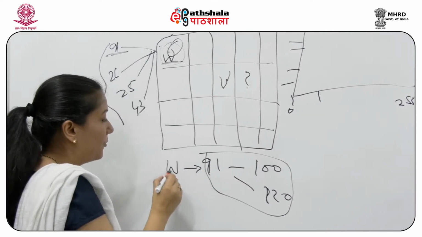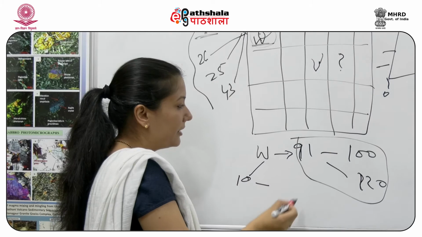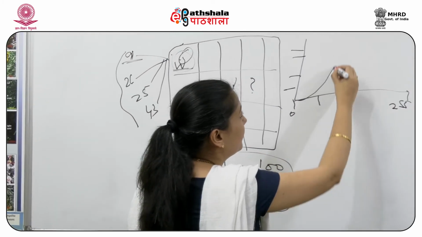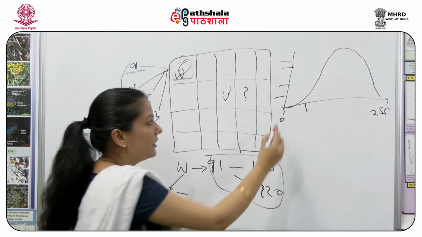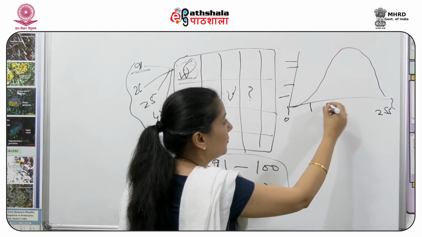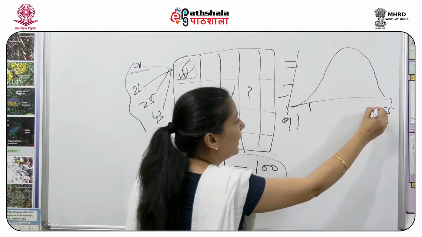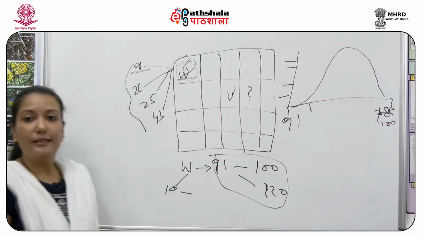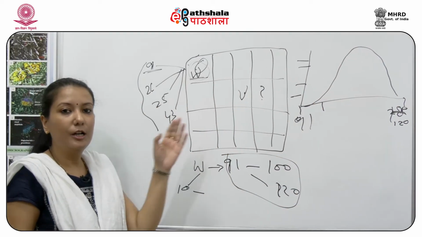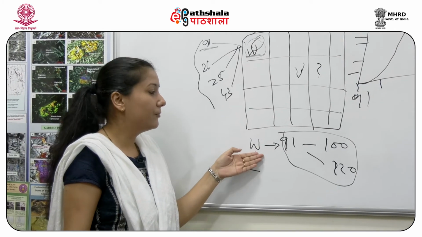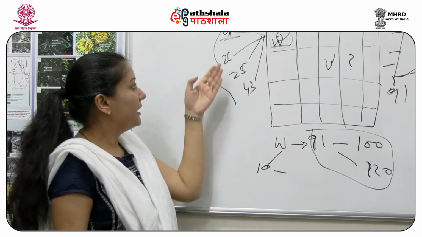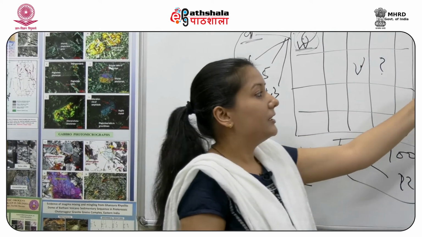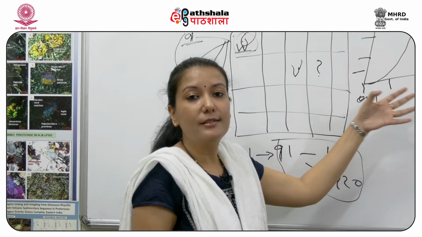Suppose you have water pixels, and the frequency for each of these pixels can be calculated, and we might get something like this. Not in 0 to 255, but this might vary between, suppose this is 91 and this is 120. So you will get something like this, a normalized curve for the water pixel. Now for each of these 4 channels, you will get something like this. So once you have this histogram, you can see where the pixels are lying.